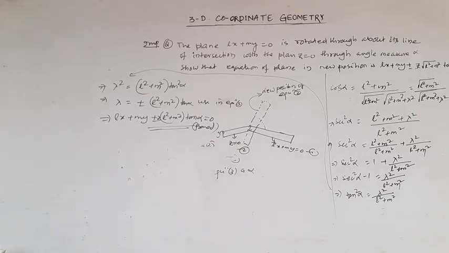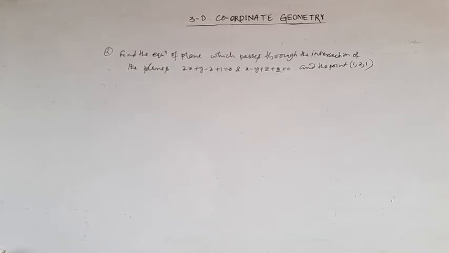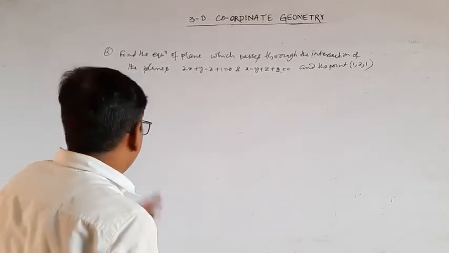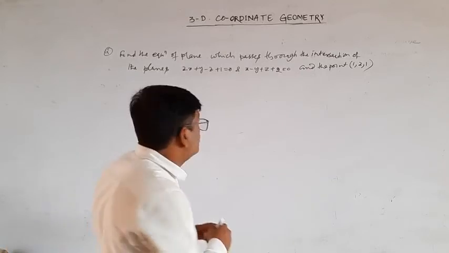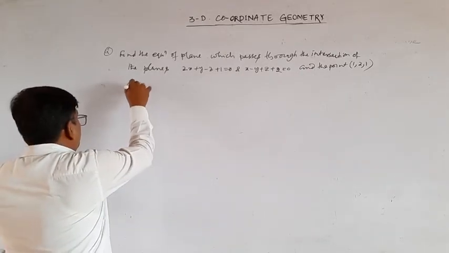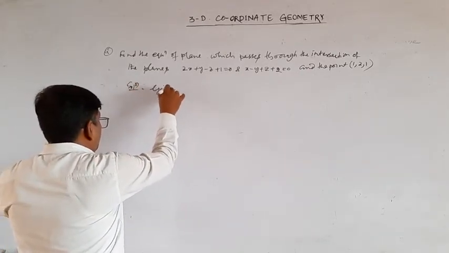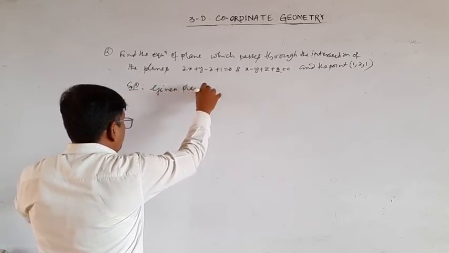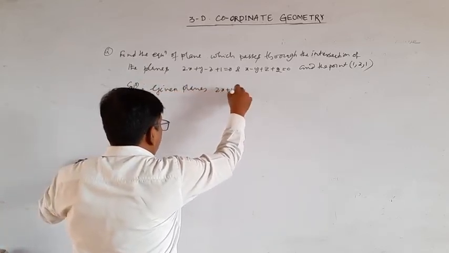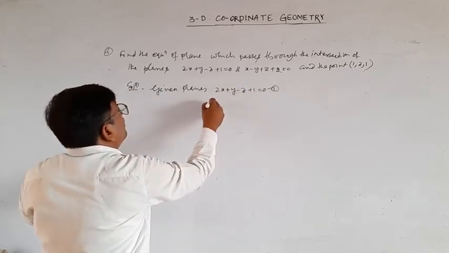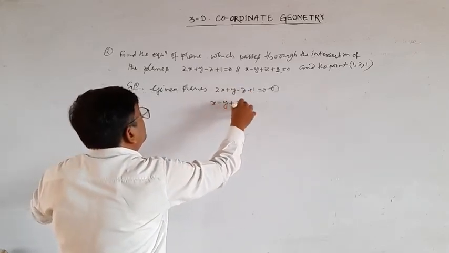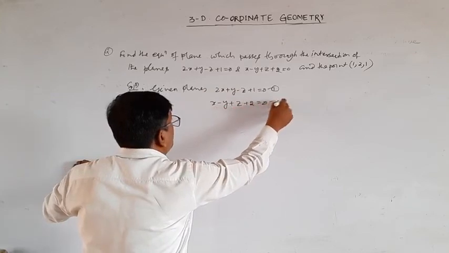Now another easy question. Find the equation of the plane which passes through the intersection of two planes, this and this, and the point 1, 2, 1. So solution: given planes 2x plus y minus z plus 1 is equal to 0, equation 1, and x minus y plus z plus 2 is equal to 0, equation 2.